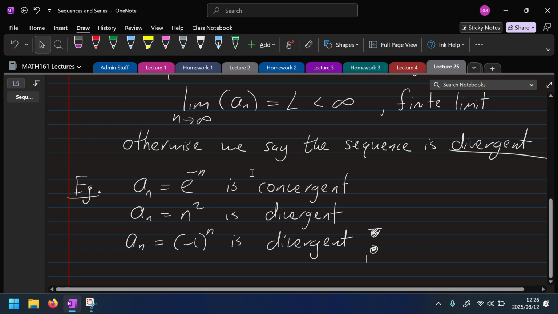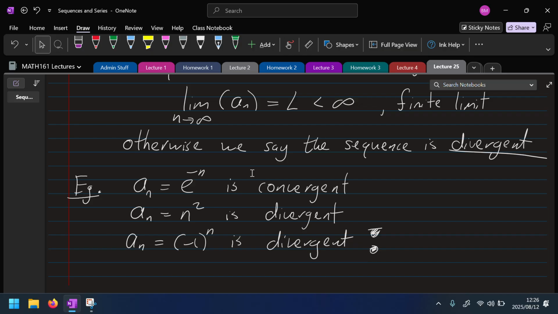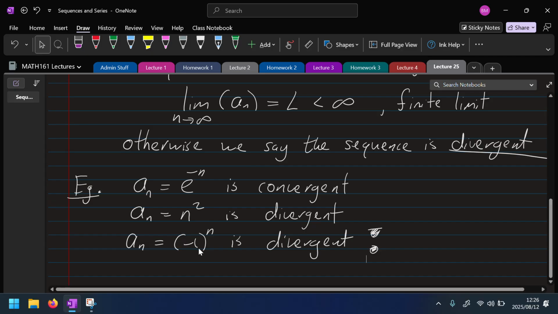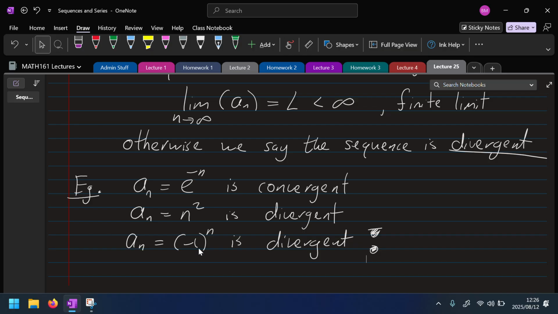Any questions on convergent, divergent? Divergent means not convergent. There's no in between. Either the limit exists, and so we say it's convergent, or it doesn't, and it's automatically divergent.